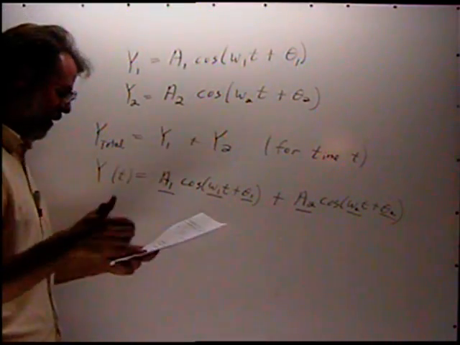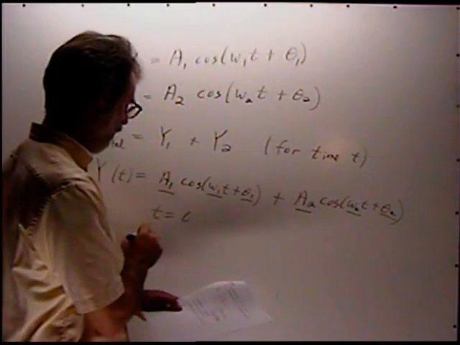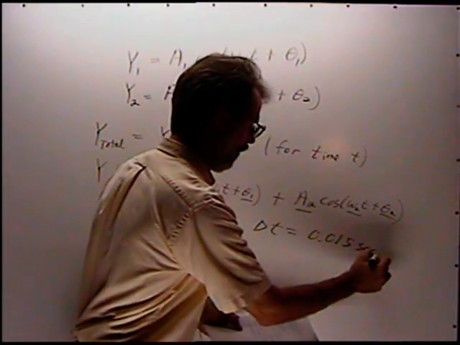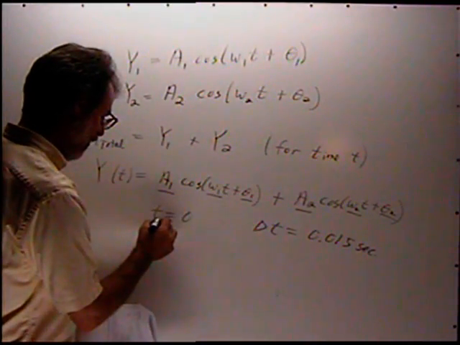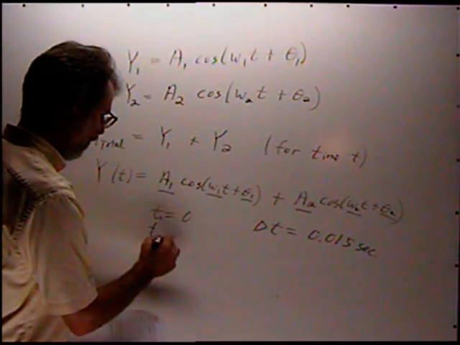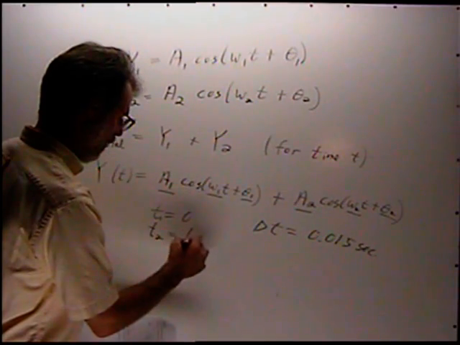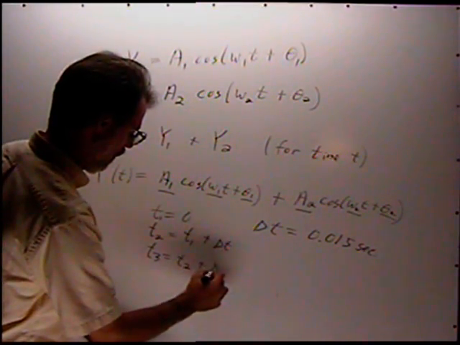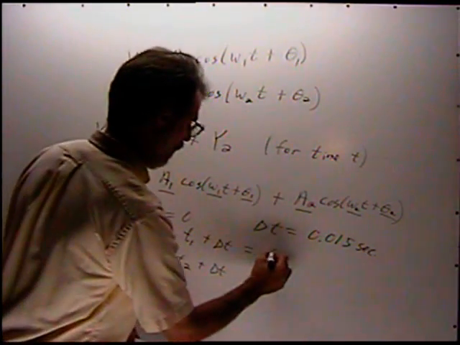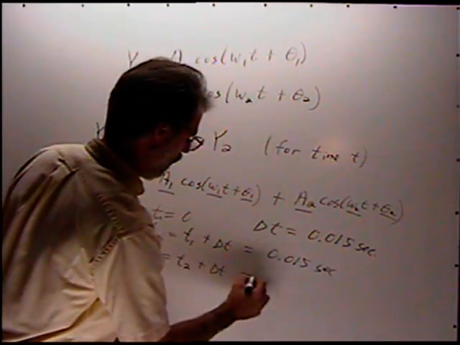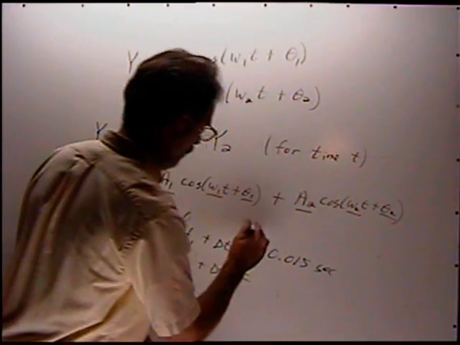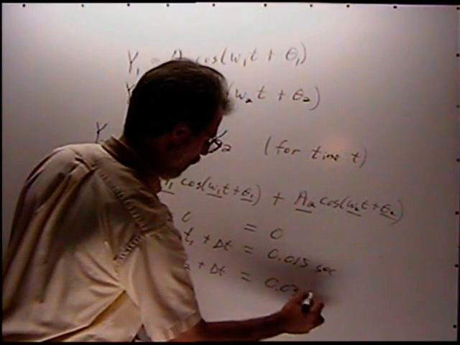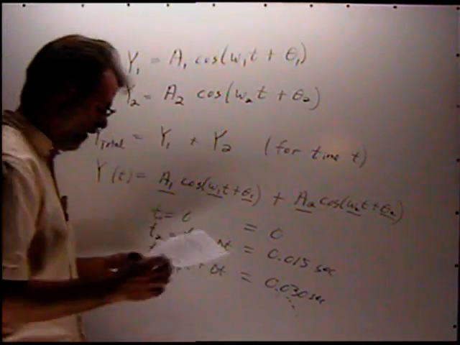I tell you what to do. Take t equals 0, and always allow delta t to be the exact same number. t1 is 0, t2 will be t1 plus this delta t, t3 will be t2 plus delta t, and so on until you get the final time.